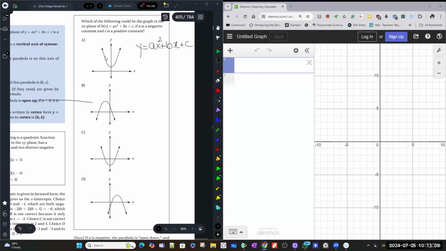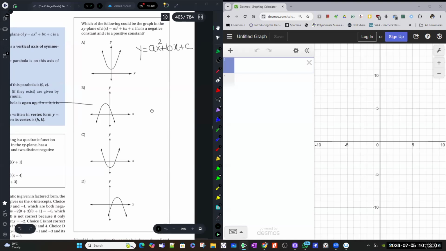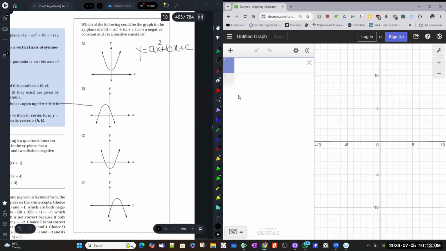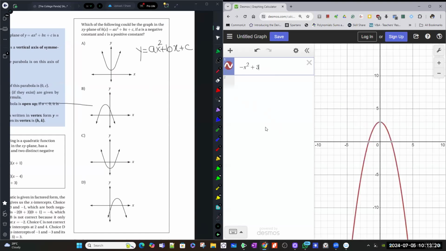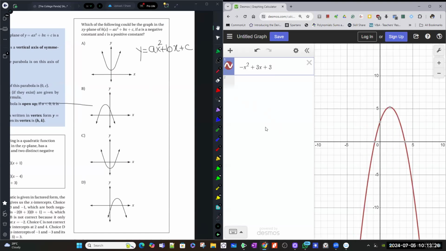Okay, so meet the conditions that they have said. They said a is negative and c is a positive constant. So you may write minus x raised to the power 2 plus, it doesn't matter, just write 3x or 4x or whatever. And they said c is a positive constant, plus 3.